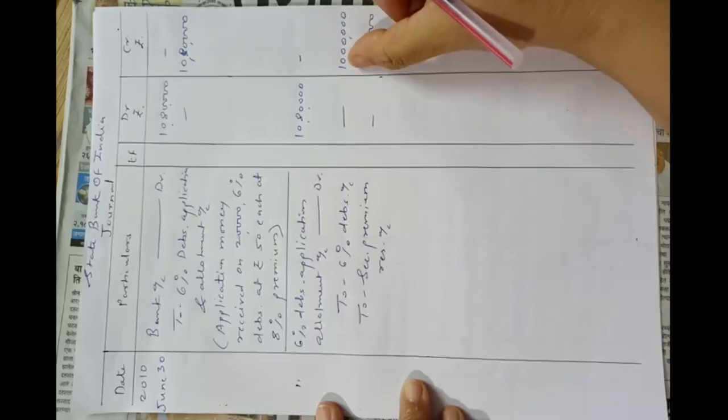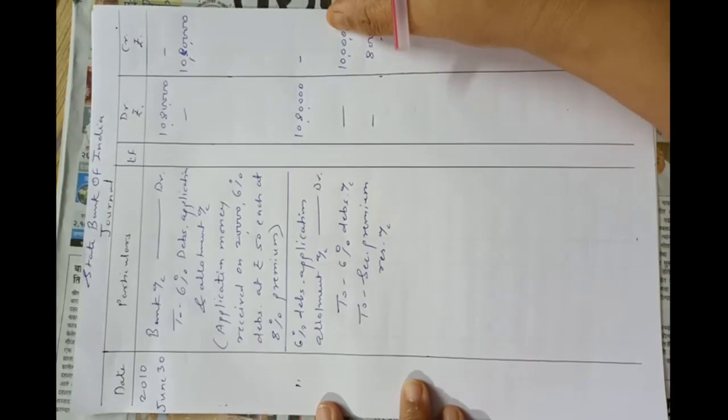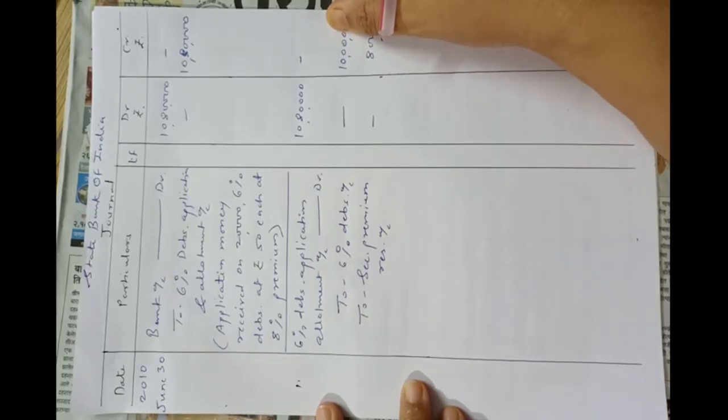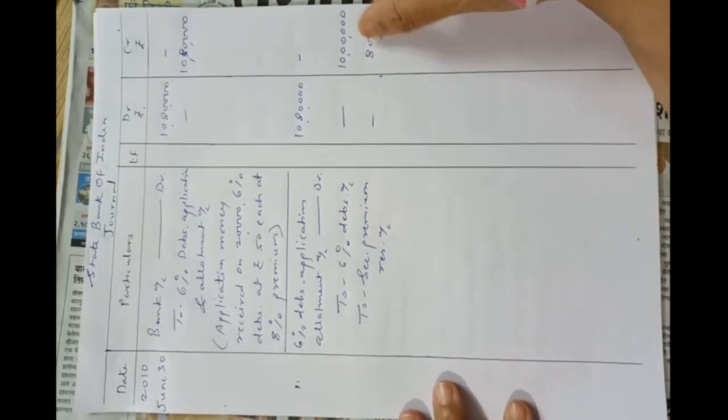See, 8% of 10 lakhs. After cancelling those two zeros, 10,000 is 1% amount. 10,000 into 8 means 80,000. So 80,000 is premium. Okay, security premium at the time of issue.